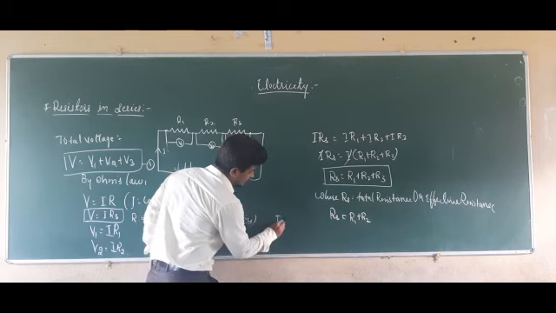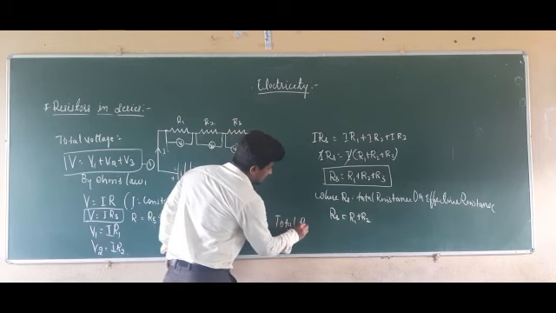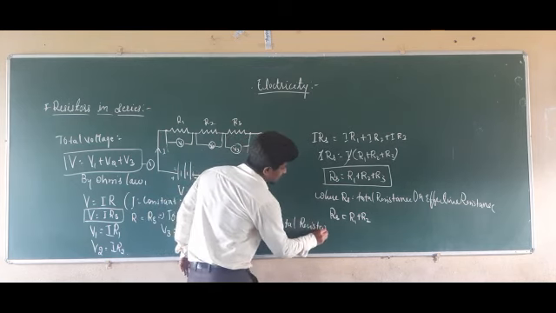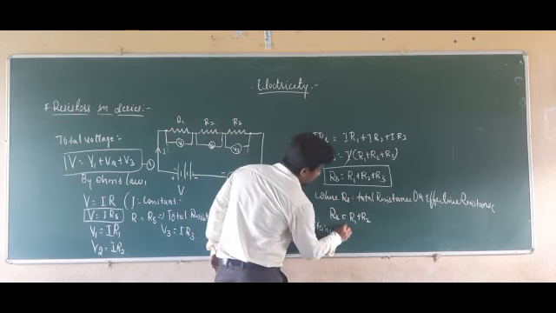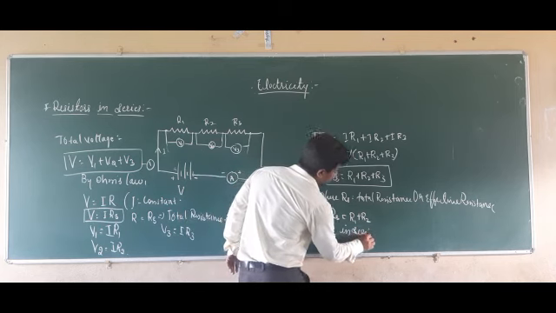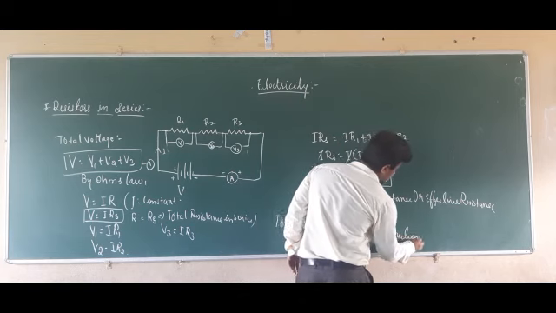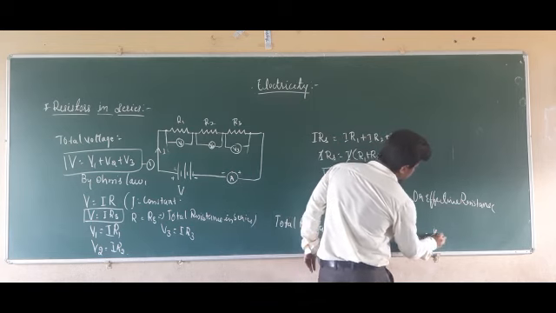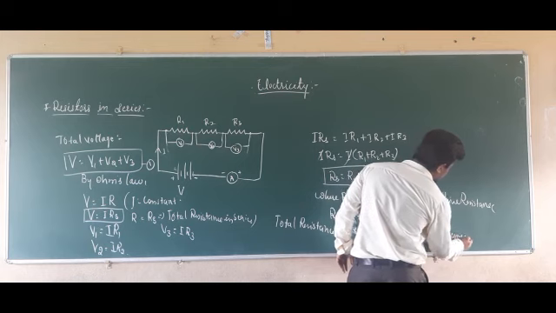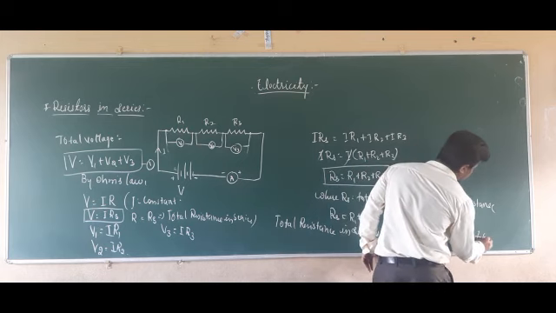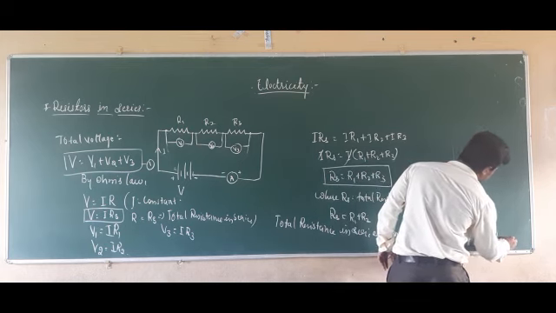So the total resistance in series connection is the sum of the resistance of each resistor.